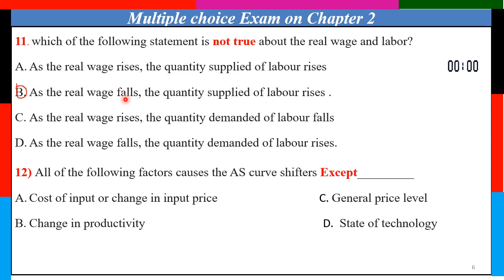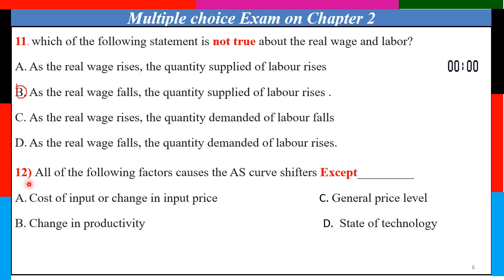As the real wage falls, the price of the labor decreases, meaning the workers become demoralized. So the quantity or the supply of the labor in the market decreases, not increases. Therefore, this is false.